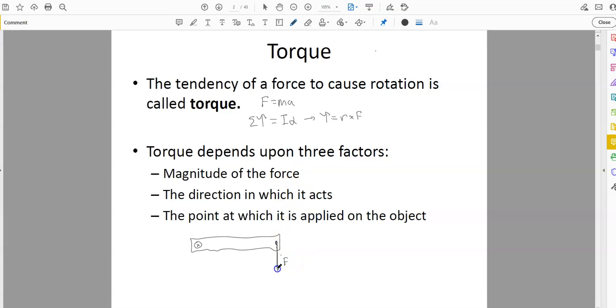The larger this is, the more torque, since torque is R cross F. So the higher the force, the higher the torque. So increasing that will increase the torque.